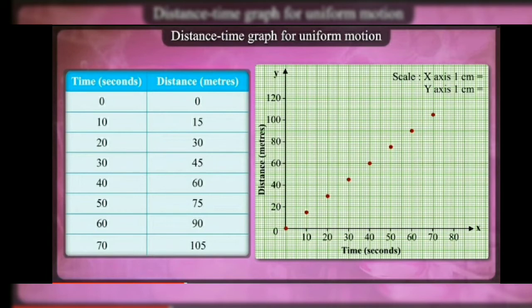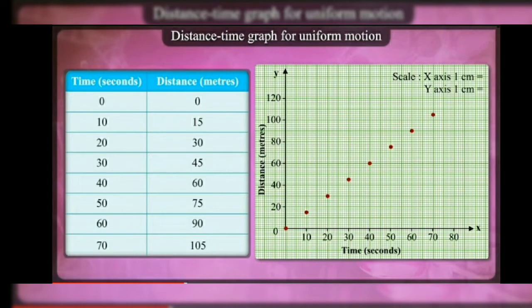So we need to plot a graph. On the x-axis we have time in seconds and on the y-axis we have distance in meters. If time 10 is taken, what is the distance? 15. So we need to make a point there, as shown in the figure with the red colored dot.